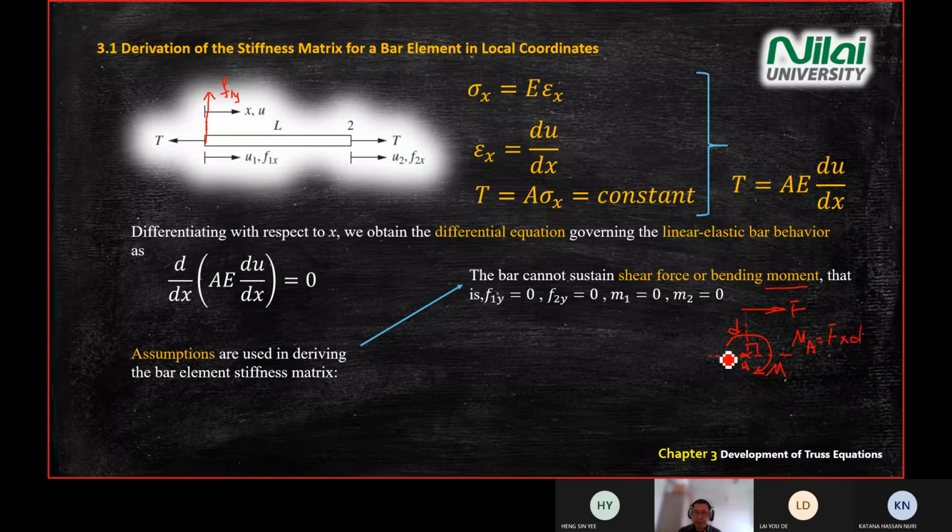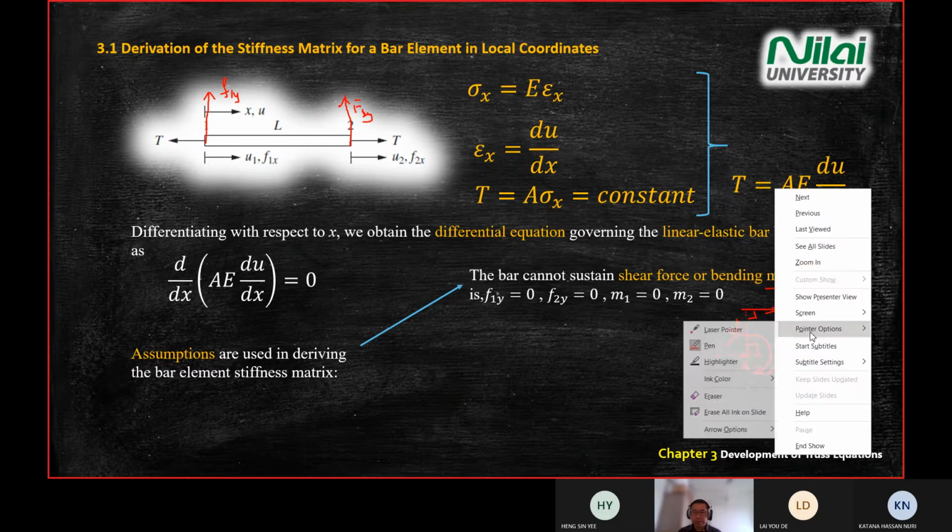This is moment, and the relationship between force and distance, and the surface or the point, must be 90 degrees. Then you get a moment. So that's why we assume that we don't have a y component at point number 1. Same with point 2, we don't have F2y also. And moment at 1 and 2 is also 0.